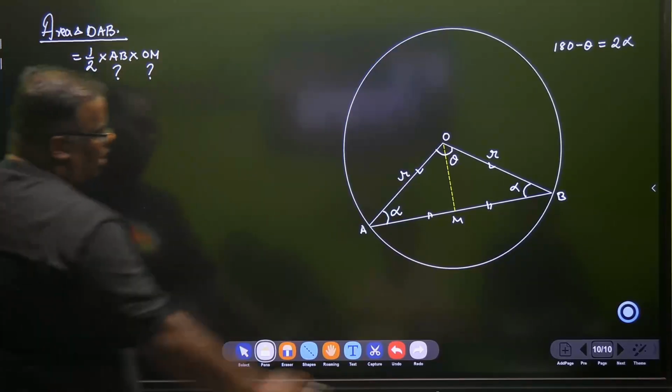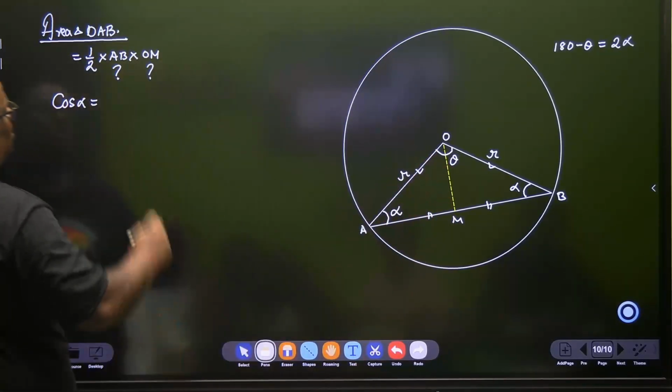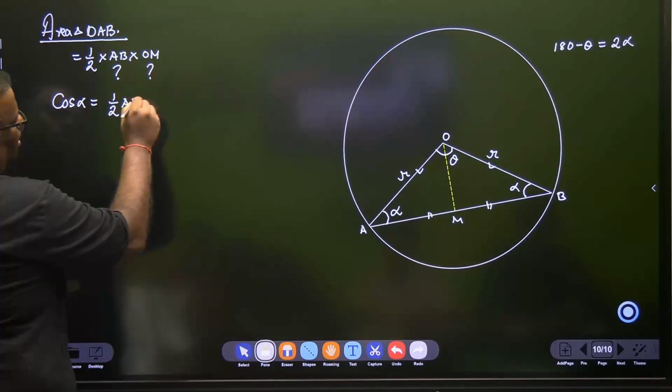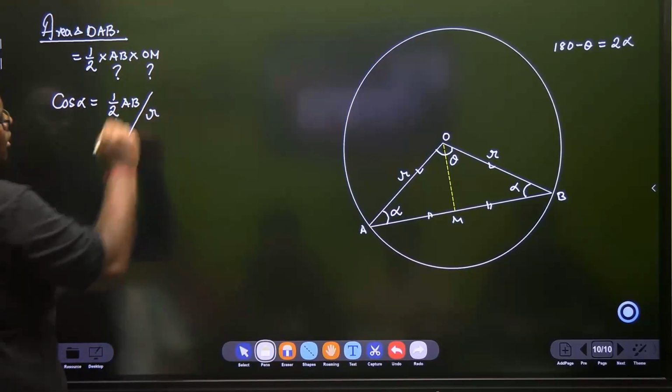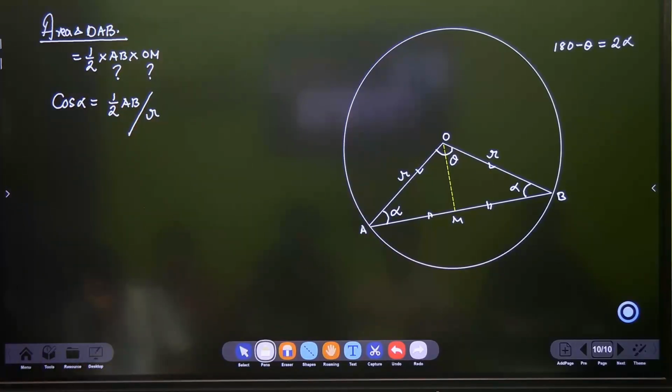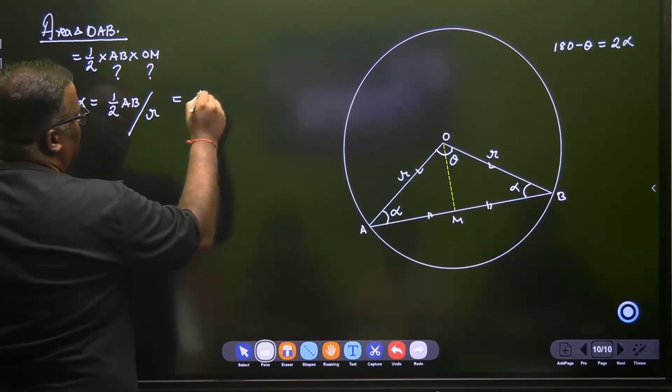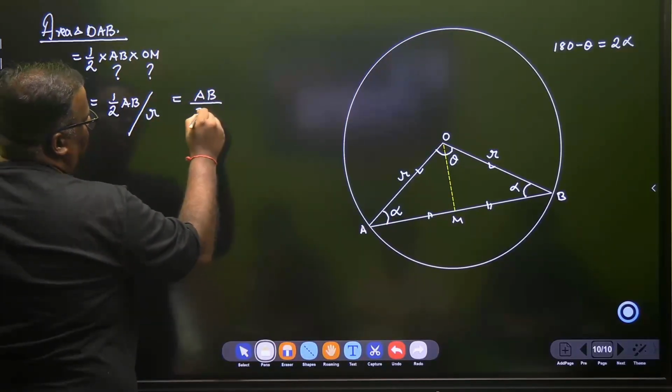Cos alpha is what? Adjacent by hypotenuse. So can I write this as half AB divided by R? Did you understand this or not? Half AB divided by R. This can be written as AB by 2R.